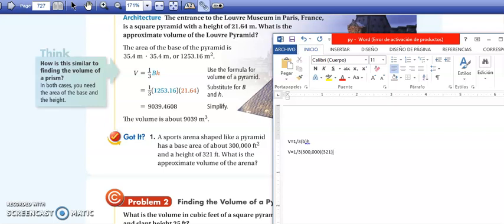We will divide that number by 3. Definitely we get 100,000 multiplied by 321. The volume will be 32,100,000 cubic feet. That will be the answer for this one.